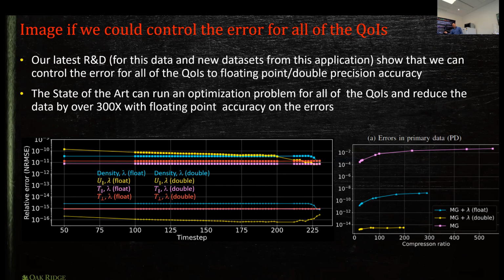Now, there are some caveats, of course. Here, what we're doing is reducing the errors in the primary data, and the primary data can have larger errors. But for all the quantities you calculate, we can guarantee the errors are small. It's interesting in the mathematics, right?